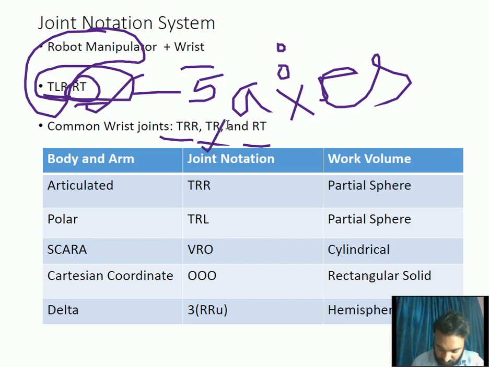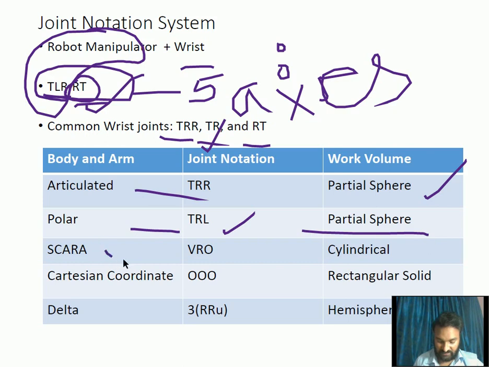So joint notation in the articulated robot, articulated body and arm, is TRR, and the work volume is partial sphere. Polar is TRL, twisting, rotational, and linear L, with partial sphere work volume. Then SCARA is V for revolving, R for rotational, and O for orthogonal, and the work volume is cylindrical.